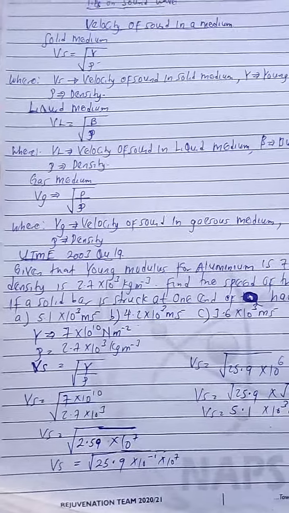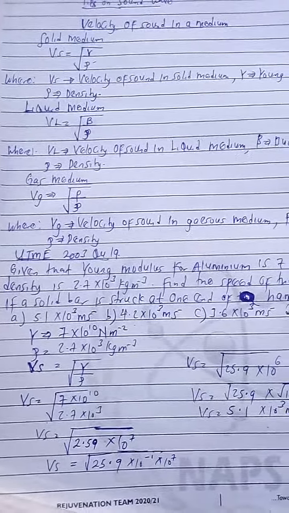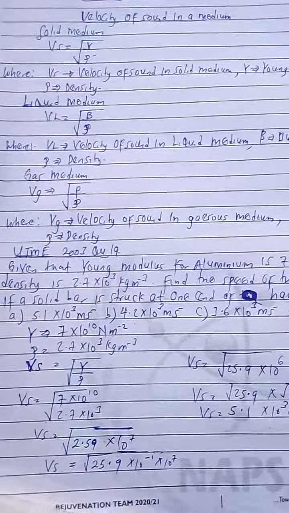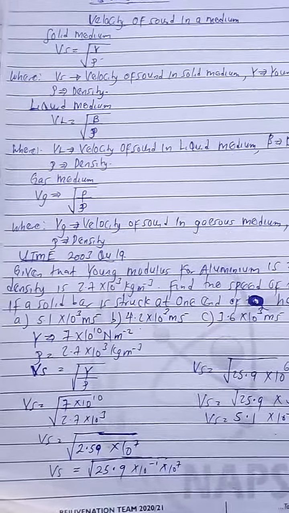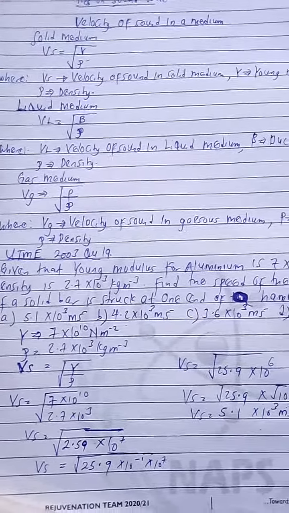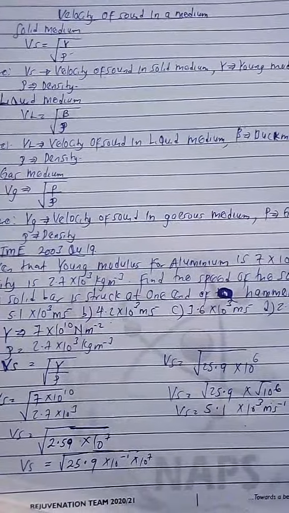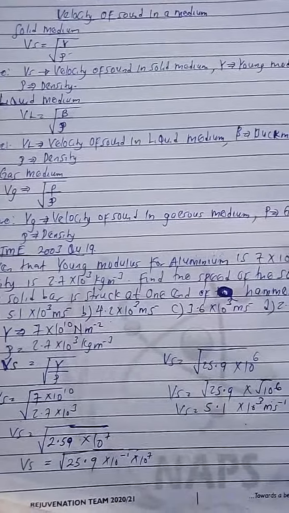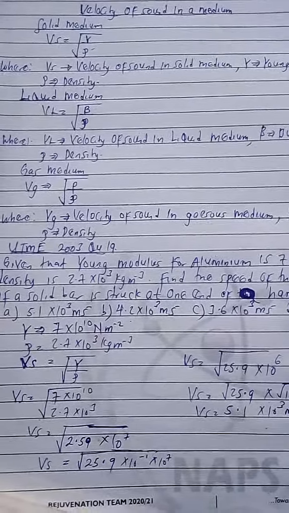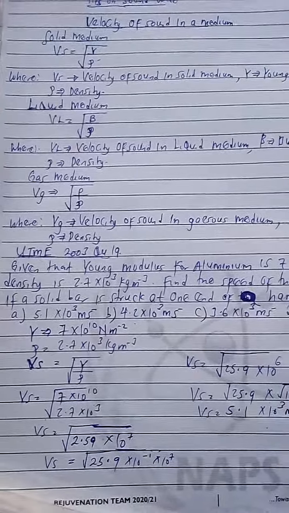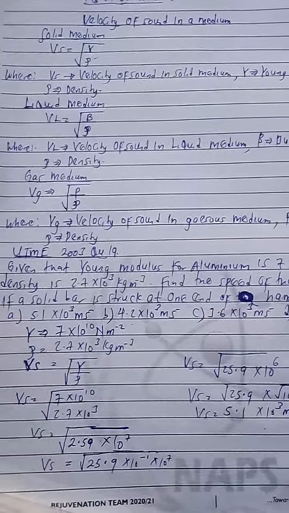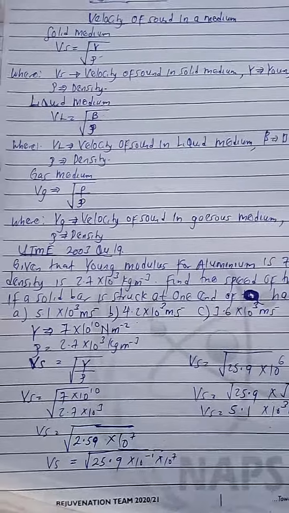The velocity of sound in a solid medium is equal to the square root of Young modulus over density, where Vs represents the velocity of sound in a solid medium, Y represents the Young modulus, and rho represents the density. So the velocity of sound in a solid medium is equal to the square root of Young modulus over density.